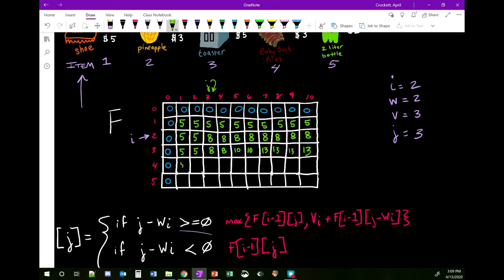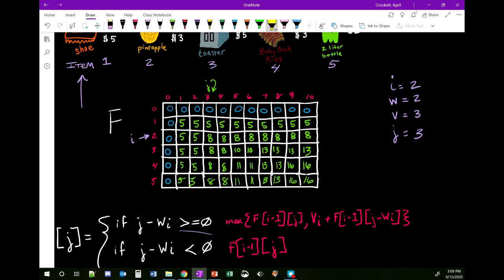The next row will have 5, 5, 8, 8, 11, 11, 13, 13, 16, 16. The next row will have 5, 5, 8, 8, 11, 11, 13, 13, 16, 16. So the last two rows completely repeat each other.